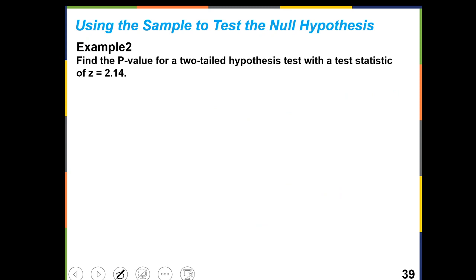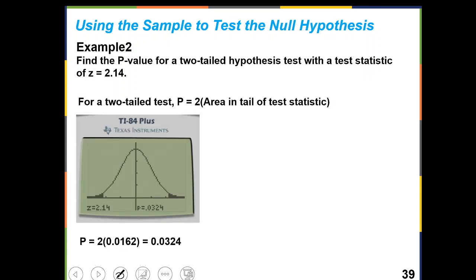All right, find a p-value for a two-tailed test with a test stat of 2.14. Well, for a p-value for a two-tailed test, that means we have to go to 2.14 and negative 2.14 and then find these areas. But instead we can find the area of one and then multiply it by 2, right?